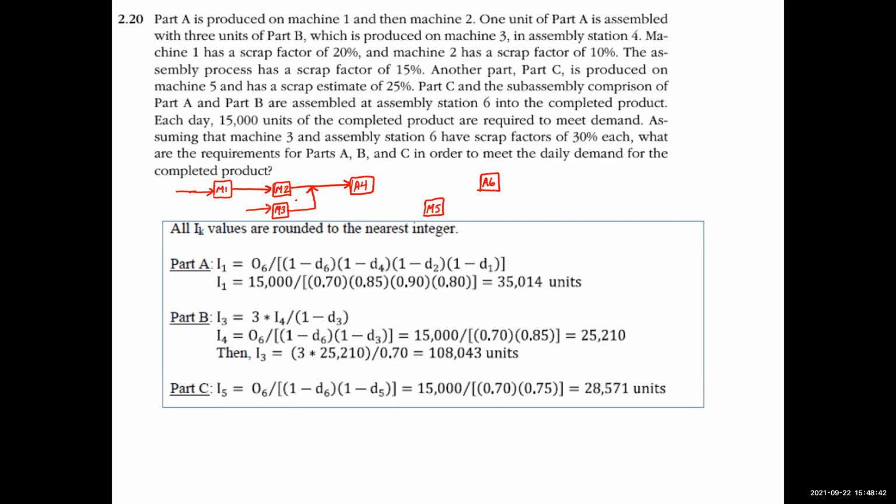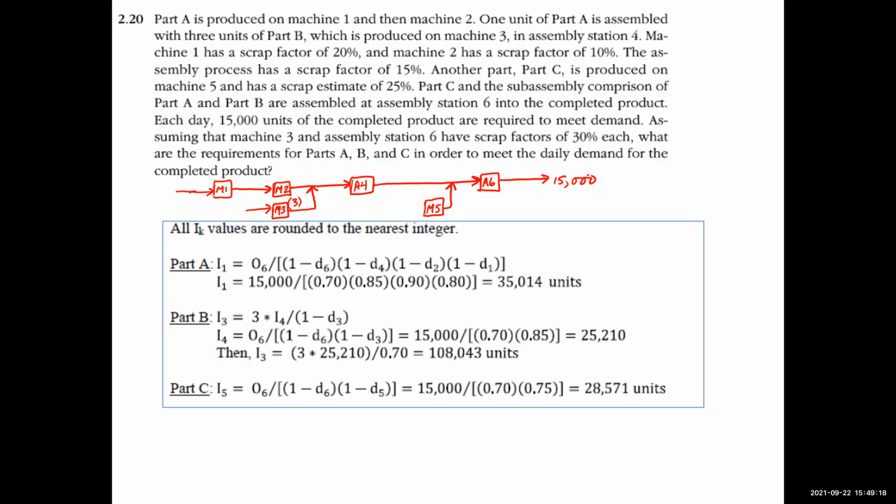So I need 3 parts of this one to make 1 assembly. So from A4, we get parts to A5. And this is the final step of the process.